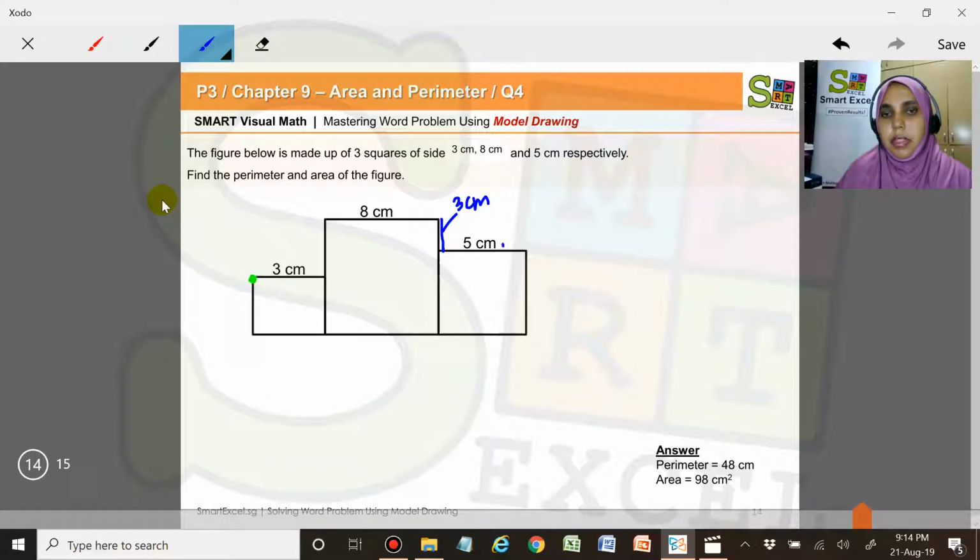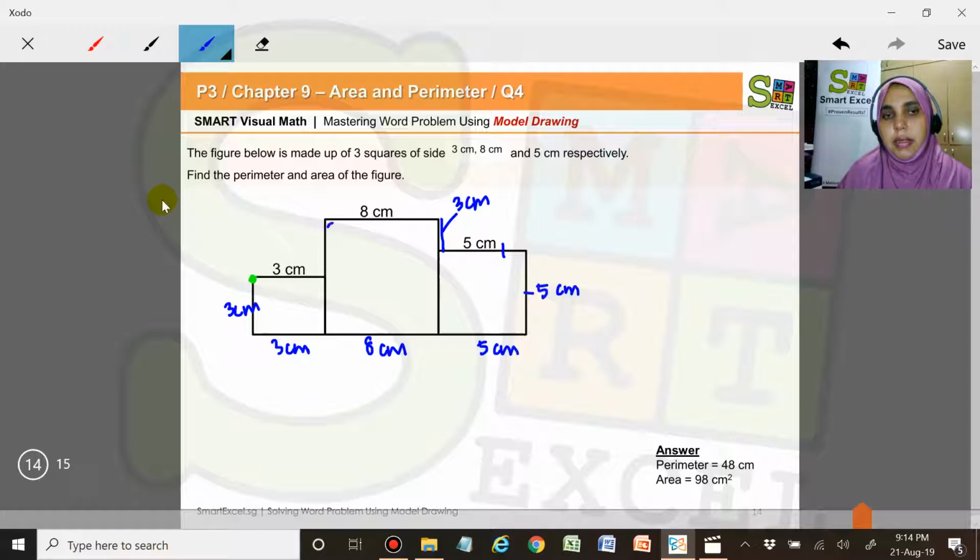If this is 5, this one is also 5 cm, this is 5 cm, this is 8 cm, this is 3 cm, and this is also 3 cm.